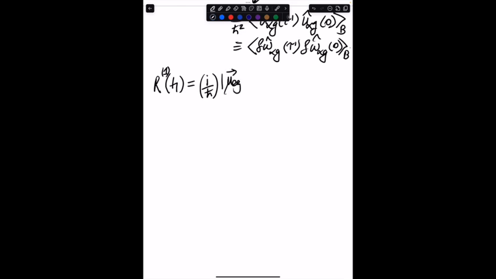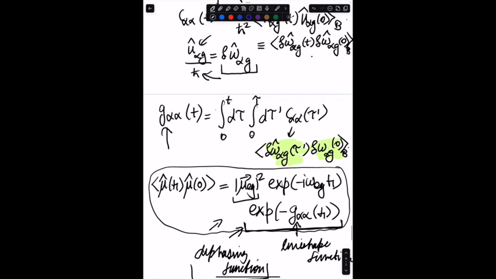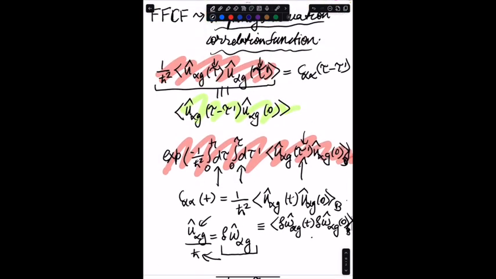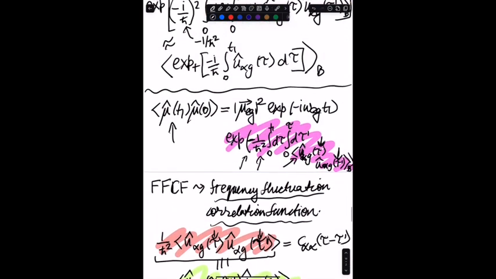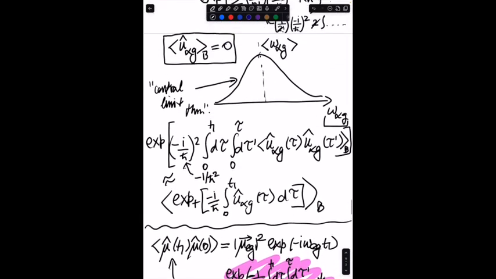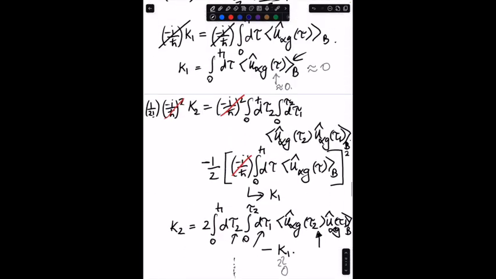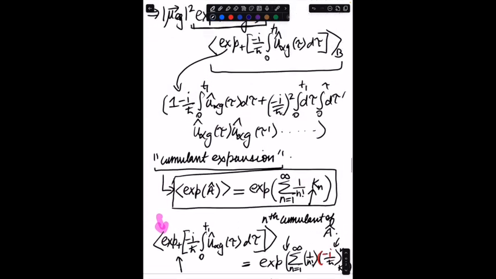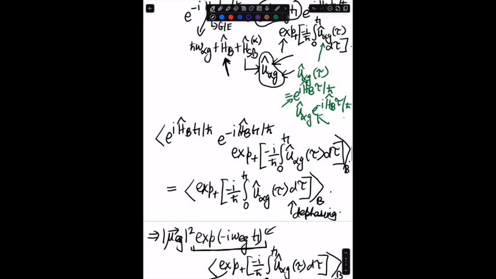mu Eg square e raised to the power minus g alpha alpha. Oh, I'm sorry. Now you do not have the alphas anymore. So the alpha which I had introduced for simplicity refers to the energy state E. Let me go back up here.